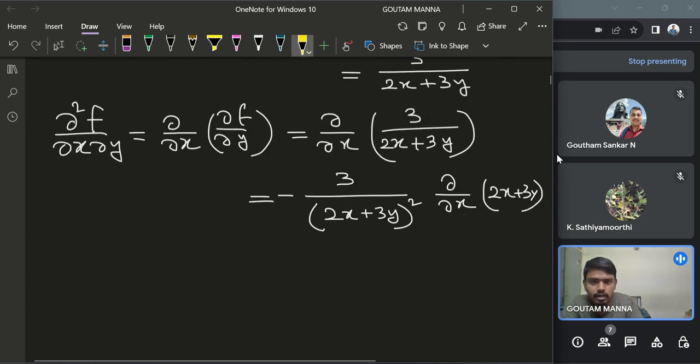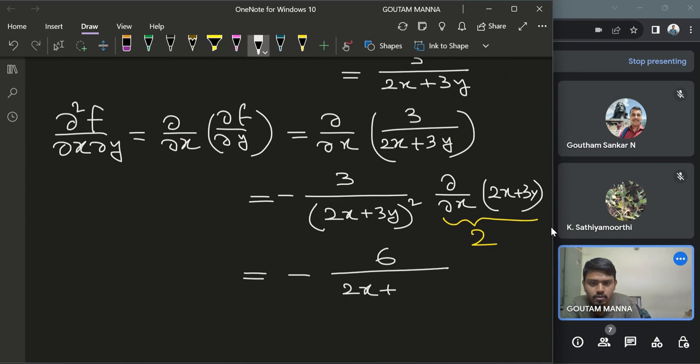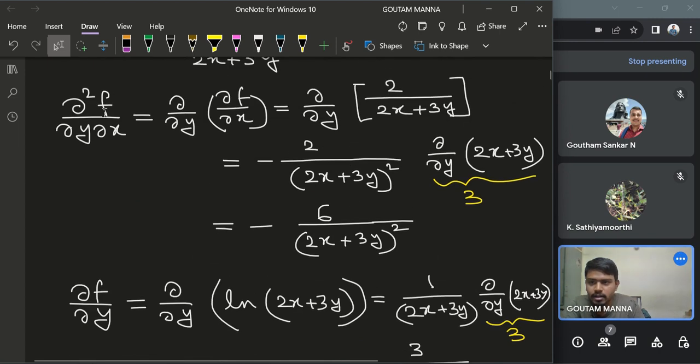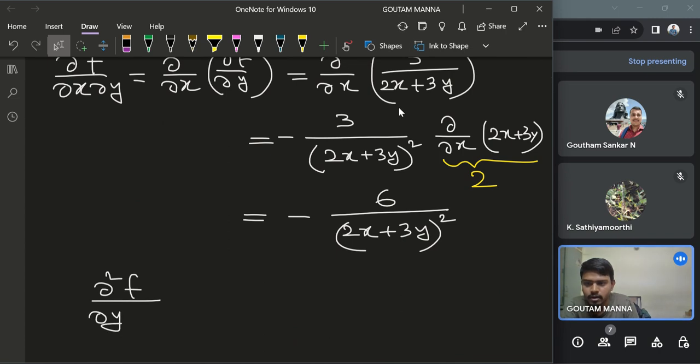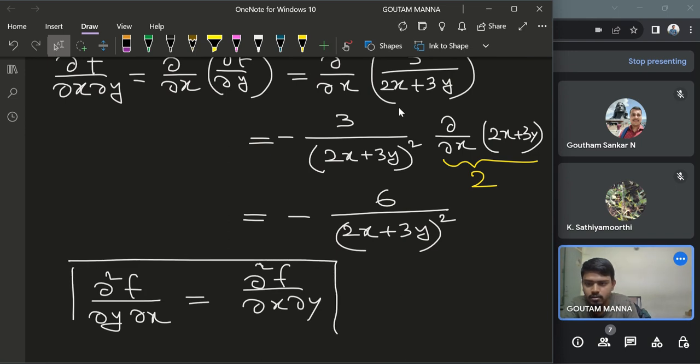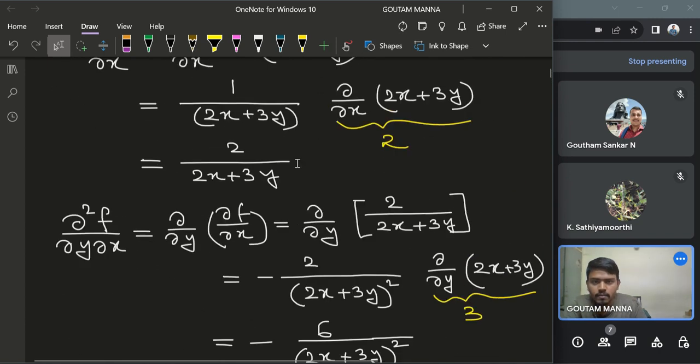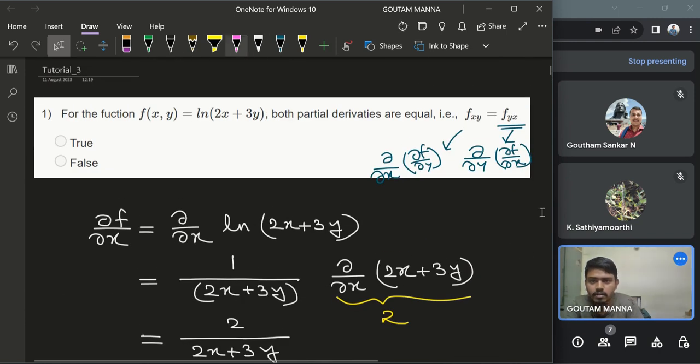So del x of 2x plus 3y will be 2. So minus 6 by 2x plus 3y whole square. So this is the same as del 2f del y del x. So del 2f del y del x equals del 2f del x del y. So the given relation is true.